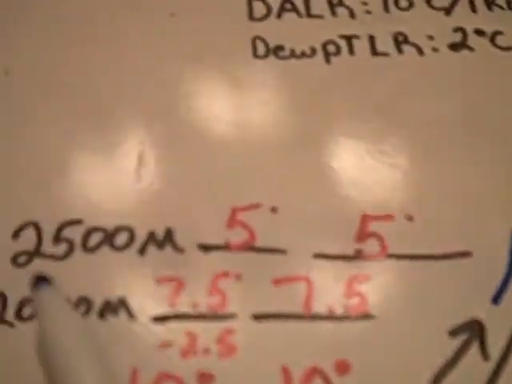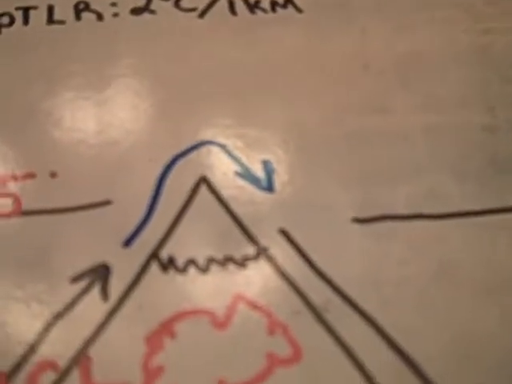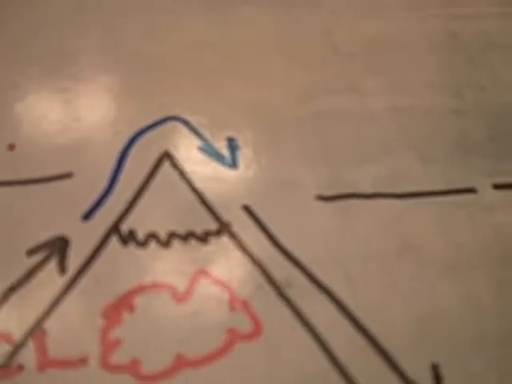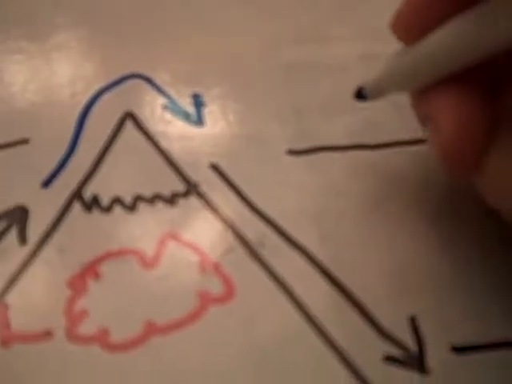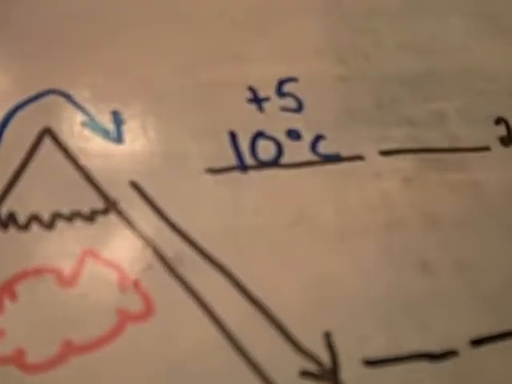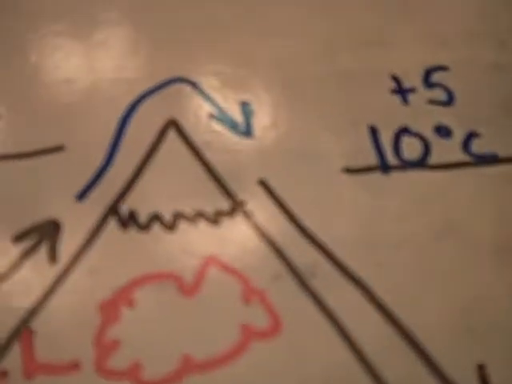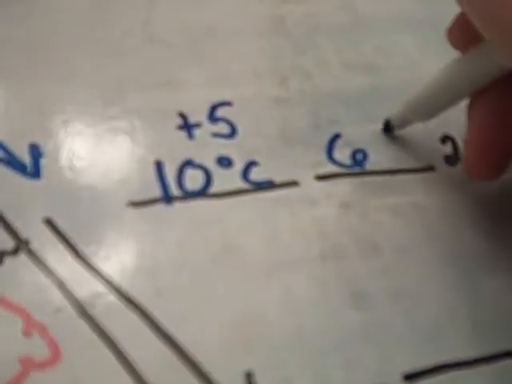In this first step, where I'm going from 2,500 meters to 2,000 meters, I'm going to increase my temperature by 5 degrees, so this one is going to go to 10 degrees C. My dew point is going up a half step from its understood 2 degrees every 1 kilometer, and so I'm going from 5 to 6 degrees C.